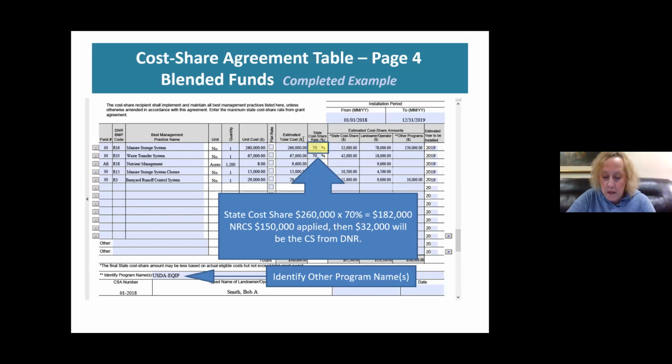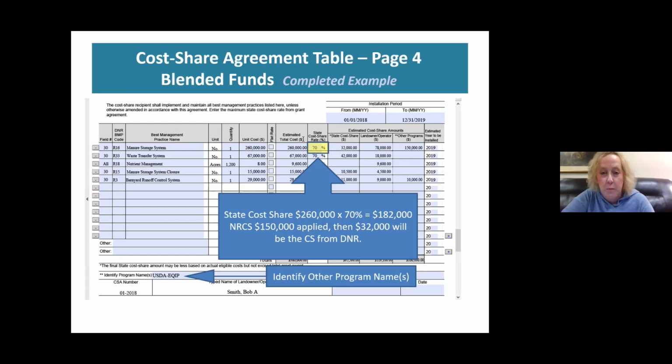That would normally be $182,000, since 70% of $260,000 is $182,000. And the landowner would generally pay $78,000, which is what you see right here.